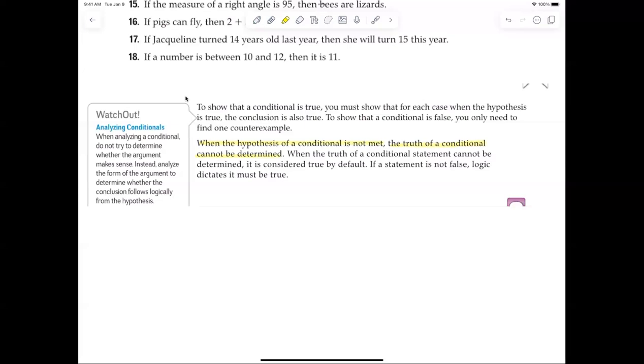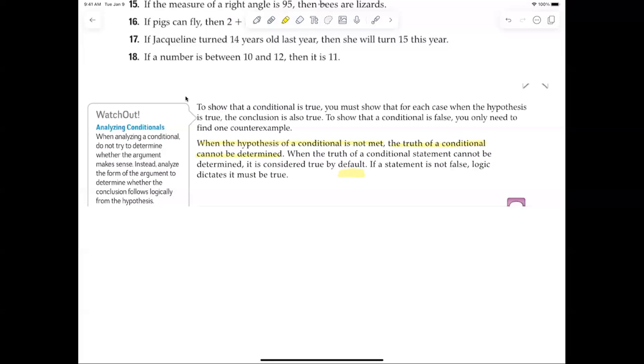When the truth of the conditional statement cannot be determined, it is considered true by default. So if the statement is not false, logic dictates it must be true. I have a little problem with that, but that's the rules of logic.